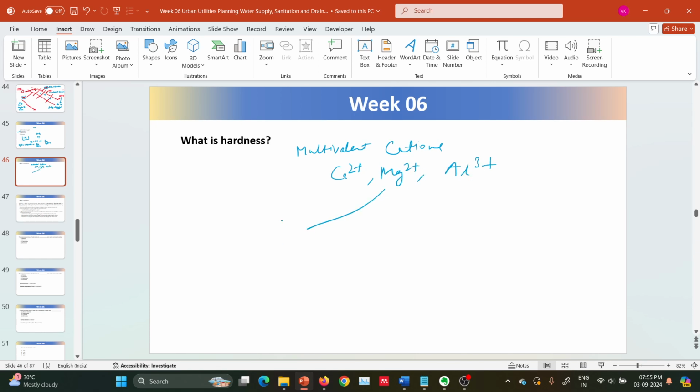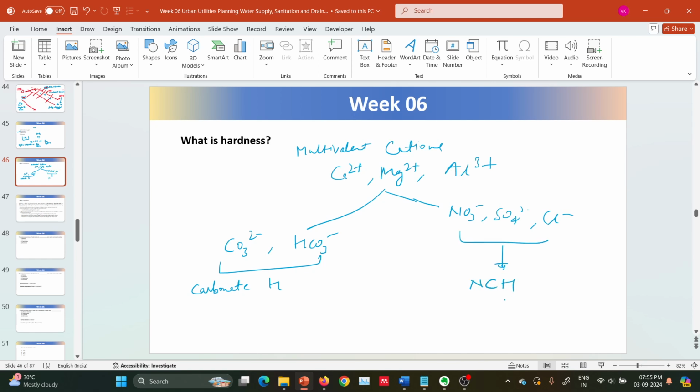If these cations are with the anions like CO3 2 minus carbonate and bicarbonate, this is called carbonate hardness. And if these cations are with nitrate, sulfate, and chloride, this is called non-carbonate hardness.